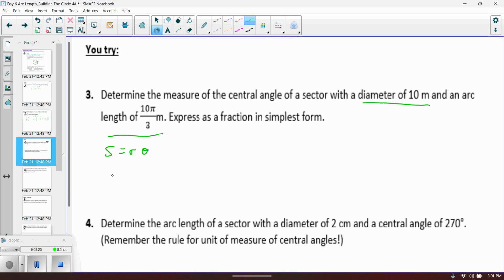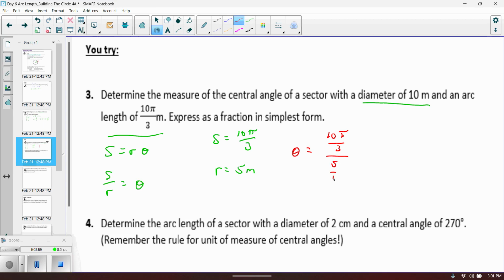Dividing both sides by r would give you S over r equals theta. So S is your arc length, which is 10 pi thirds. And r is going to be half of our diameter, which is 5 meters. So theta is going to be S, which is 10 pi thirds, divided by 5.